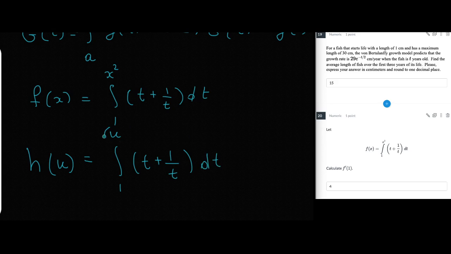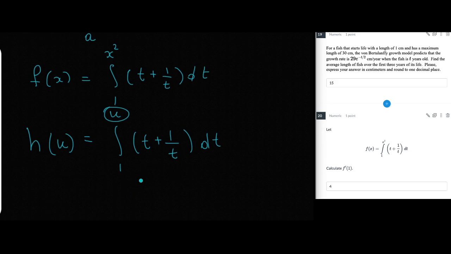So you see here the upper limit is not a square of the variable, it's just the variable itself, u. So in this case, the fundamental theorem of calculus applies directly to say that the derivative of this function, h prime of u, is simply going to be the function that we're integrating. So we're going to get (u plus 1) over u by the fundamental theorem of calculus.